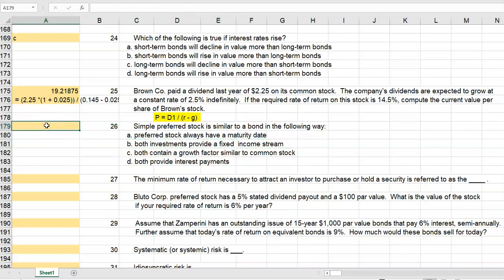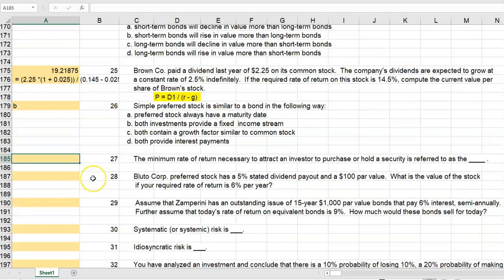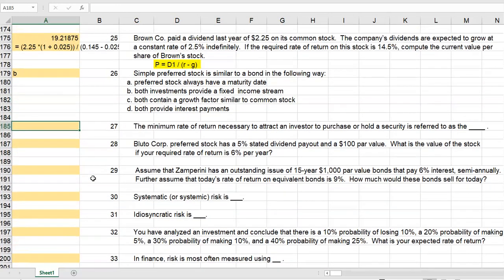This one's got to be B. The minimum rate of return necessary to attract an investor to hold is, of course, your required rate of return. If you put rate of return, I think I gave you credit also.